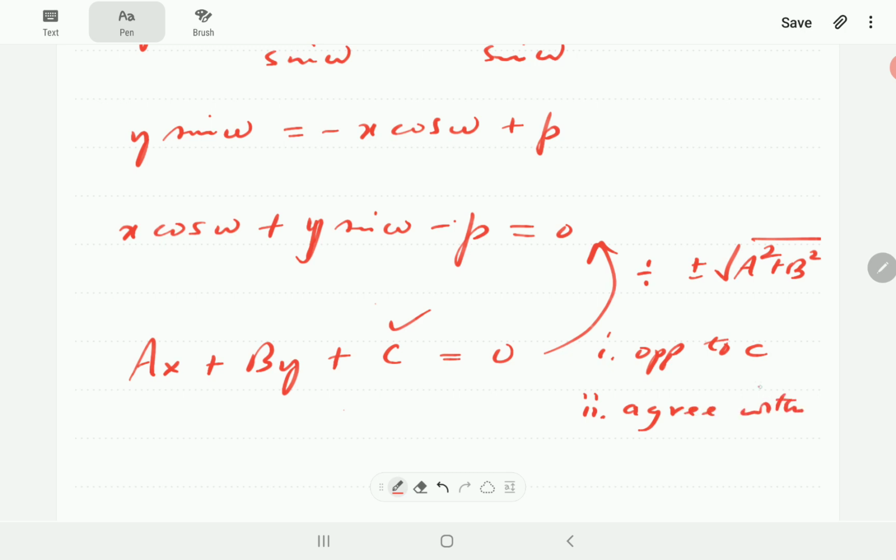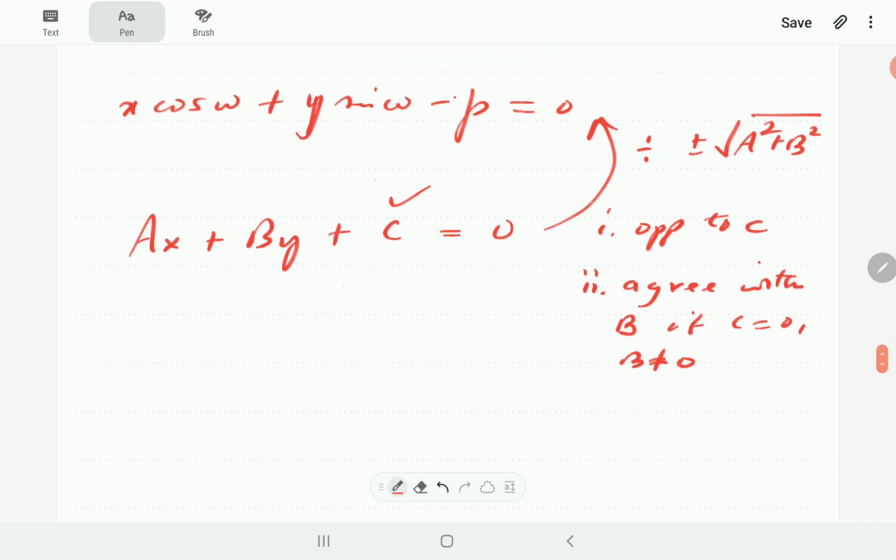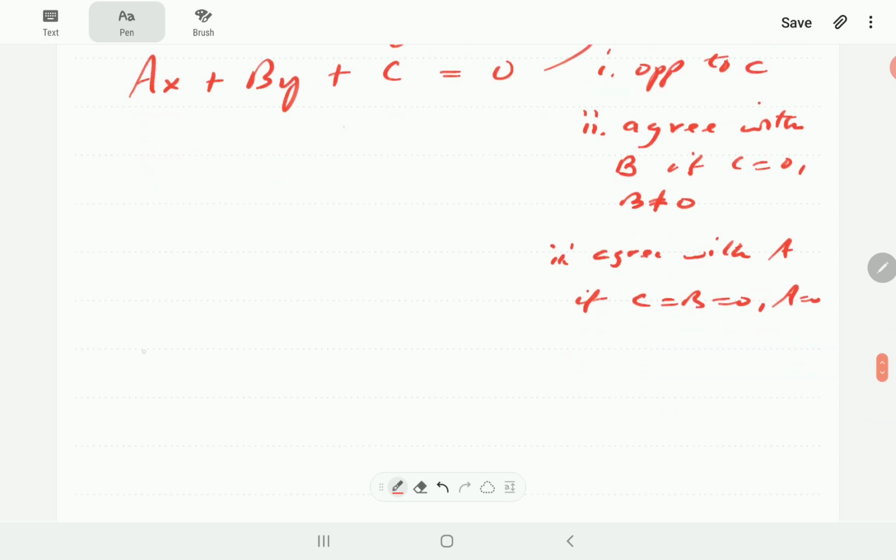Or it's going to be taken to agree with that of a if c equals b equals 0 but a is not 0. Alright, so that's going from the general form to normal form.